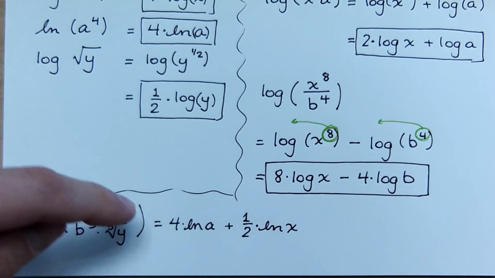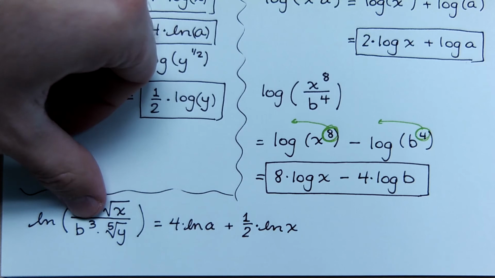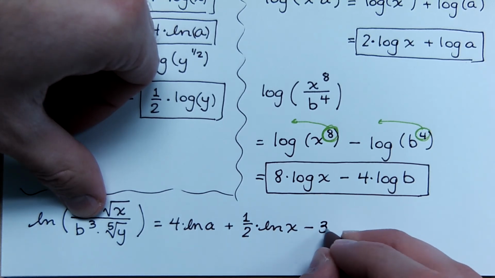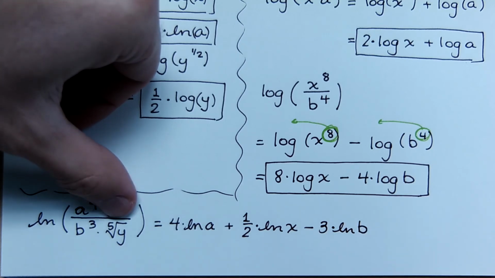When you move to the factors that are in the denominator, these are going to have subtraction. So I see b to the third, and I would bring that power of 3 out to the front. But since it's a factor in the denominator, I'm going to say minus 3 times the natural log of b. And what would you say about the fifth root of y?